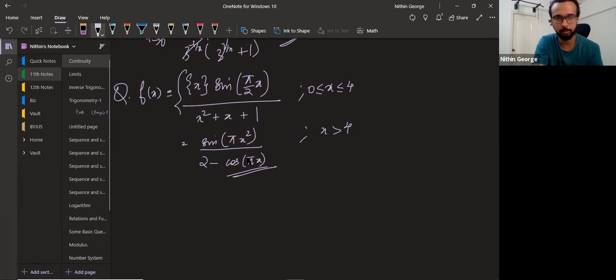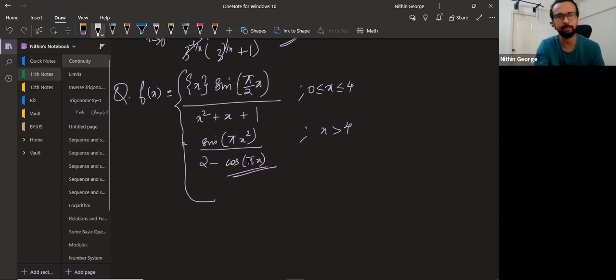This is what f of x is equal to. With 2 minus cos pi x positive, the denominator is positive.